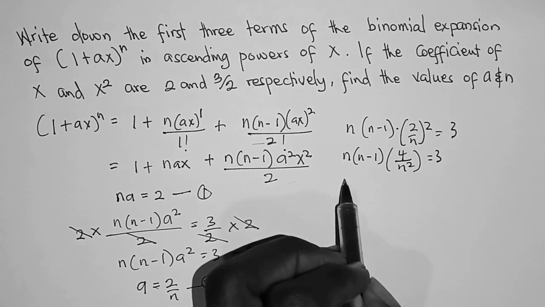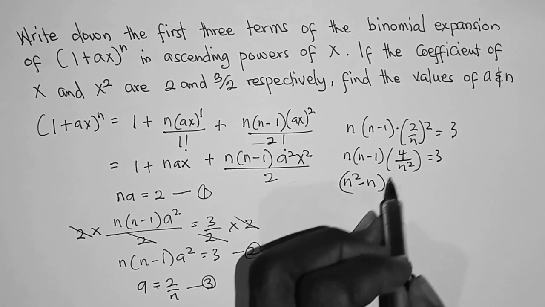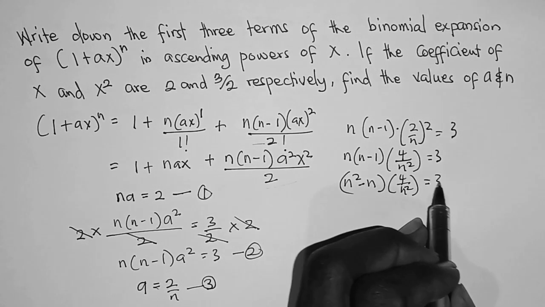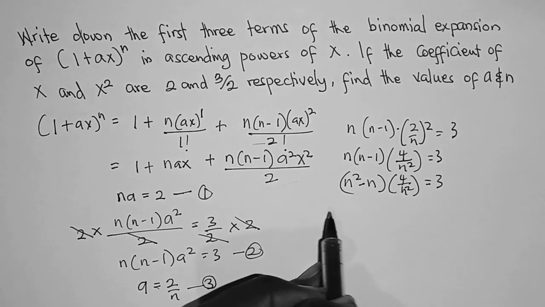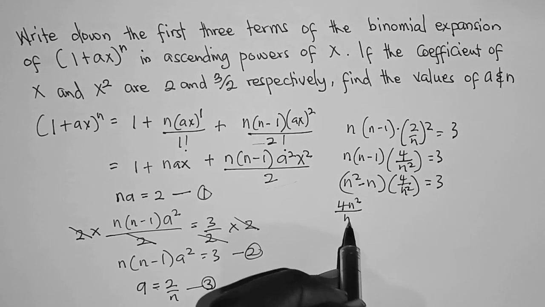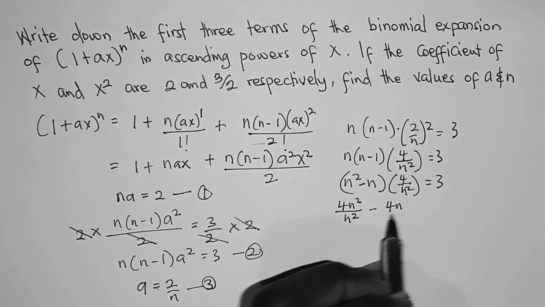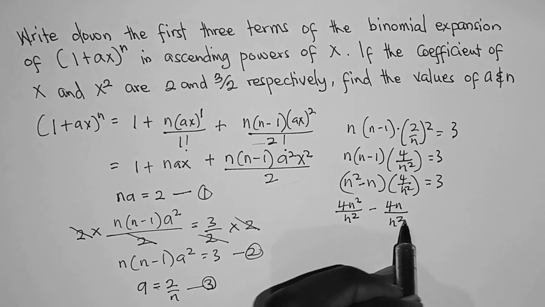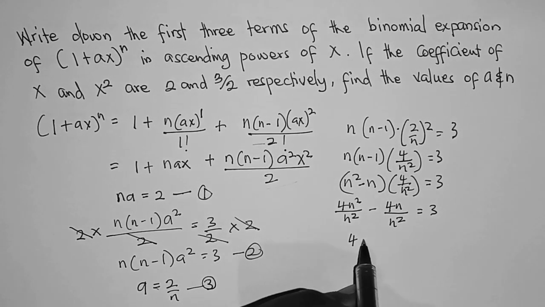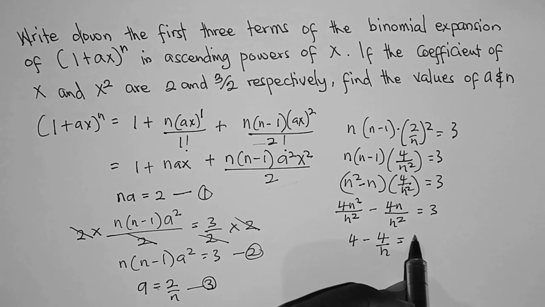So this becomes n squared minus n, then times 4 divided by n squared equals 3. So if we multiply through, this becomes 4n squared divided by n squared, then minus 4n divided by n squared equals 3. So this becomes 4 minus 4 divided by n equals 3.